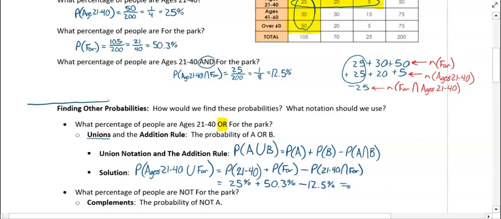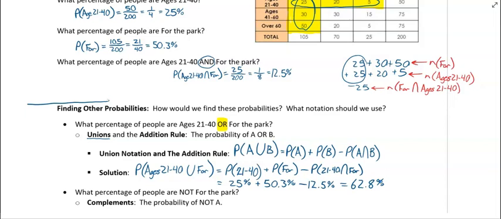And that's going to give us a final answer of 62.8%. You can double check my subtraction there.